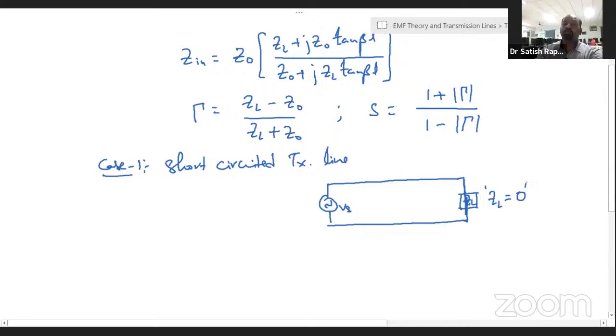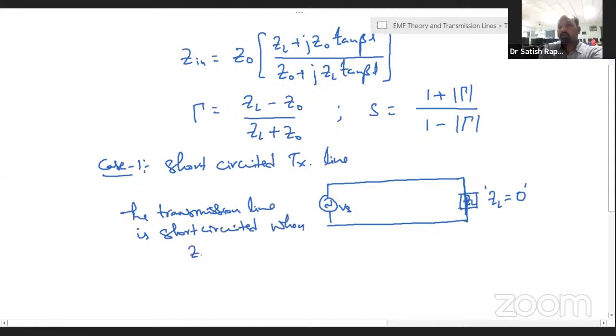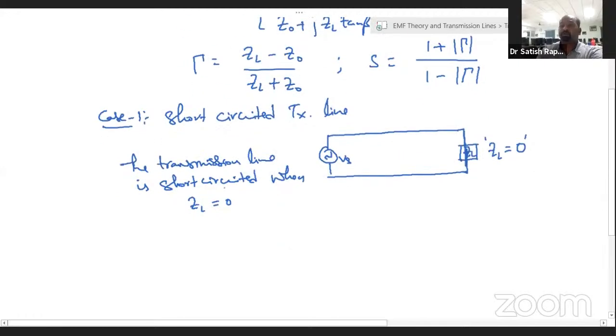So when load impedance is equal to 0, we can say that the transmission line is short circuited. Therefore, the transmission line is short circuited when ZL is equal to 0.